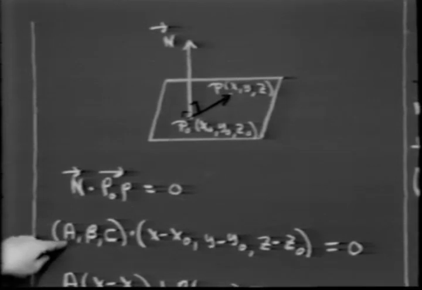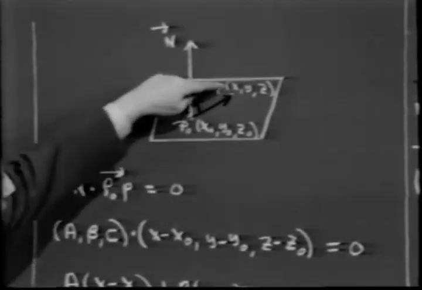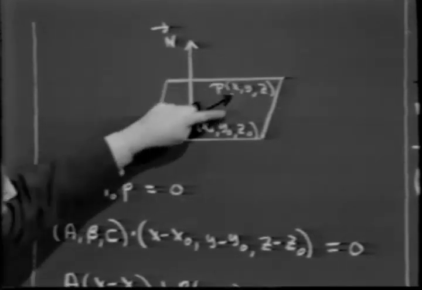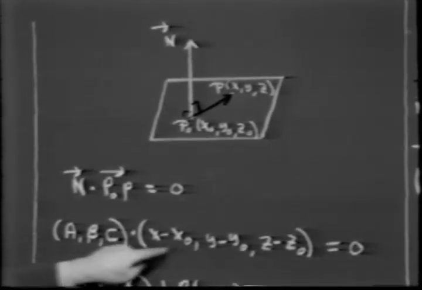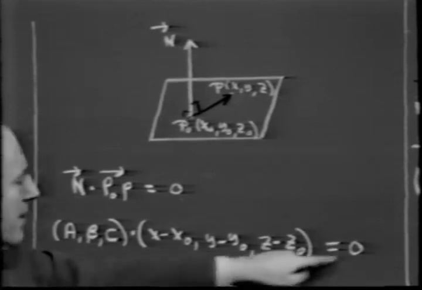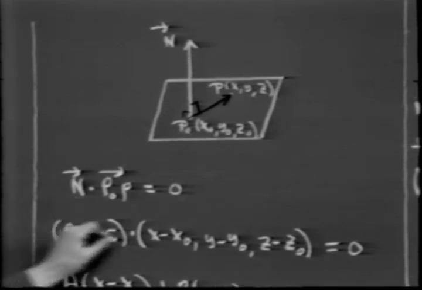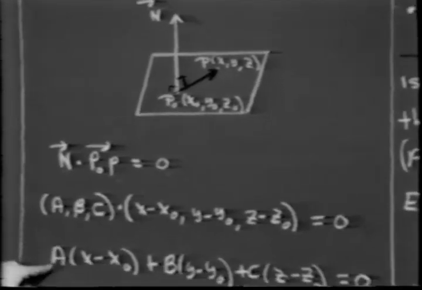N is the vector whose components are A, B, and C. What about P0P? Well, that's the vector whose components are x minus x0, y minus y0, and z minus z0, that beauty of Cartesian coordinates again. Consequently, I want the dot product of these two vectors to be 0. But in Cartesian coordinates, we know that to dot two vectors, we simply multiply corresponding components and add, and that results in what?